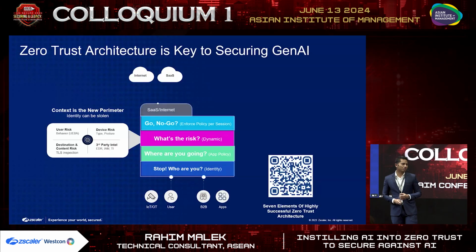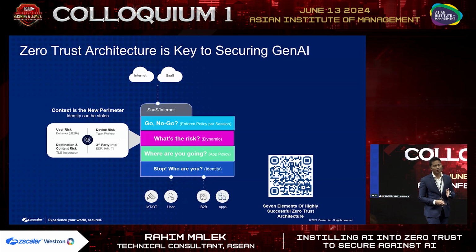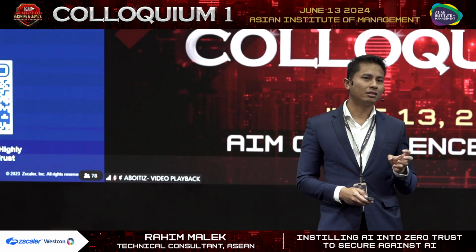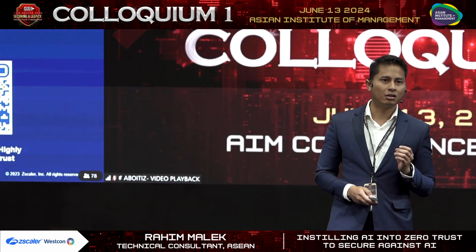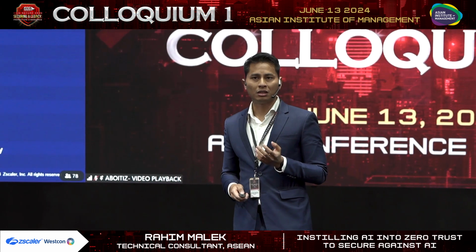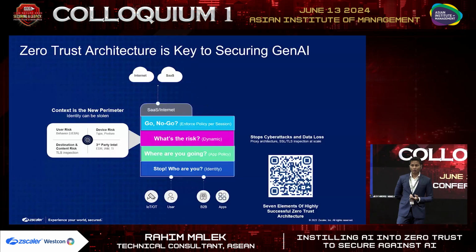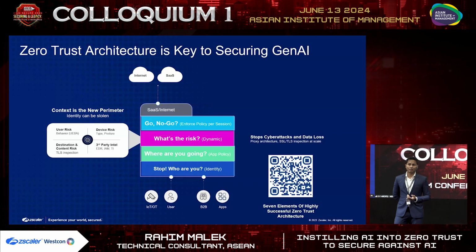Last but not least, there is granular policy enforcement per session, to make sure that any encrypted traffic which contains data leakage or malicious payloads will be detected and prevented. So we want to stop cyber attacks and data loss.